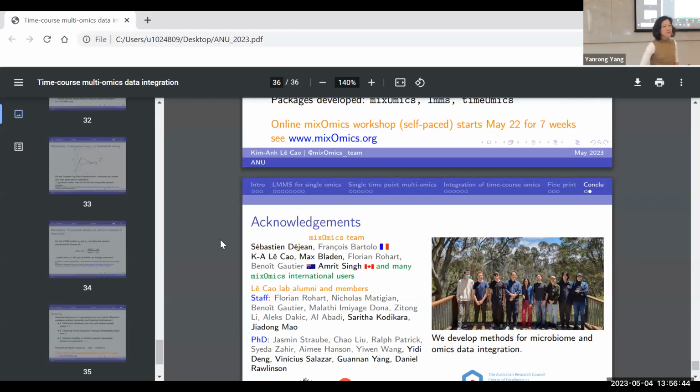I was interested in when you use the CLR transform, why you didn't just use the raw proportions, like why you transform those with your splines? Because the proportions are compositional already. So that's the problem, is that by the way the data are generated, they are compositional. Yeah. Because the abundance of one taxa will depend on the abundance of the other taxa.